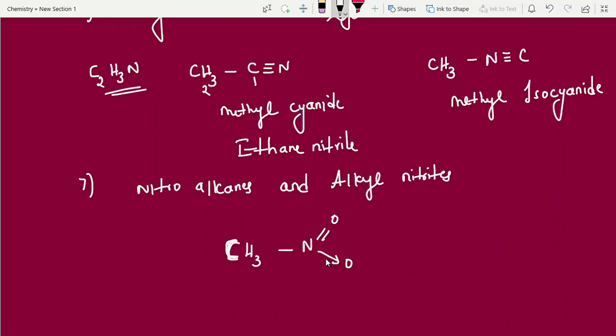What do we call this? Nitromethane. With this we can write another one, CH3 O N double bond O. See, here also nitrogen with 2 oxygens, here also nitrogen having 2 oxygens, but the arrangement is through nitrogen here, through oxygen here. Linkage is different. This is nitroalkanes, this is alkyl nitrites.